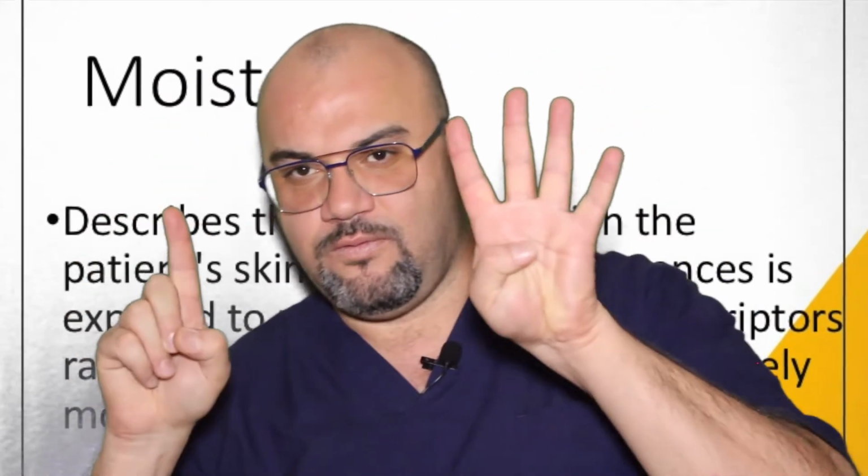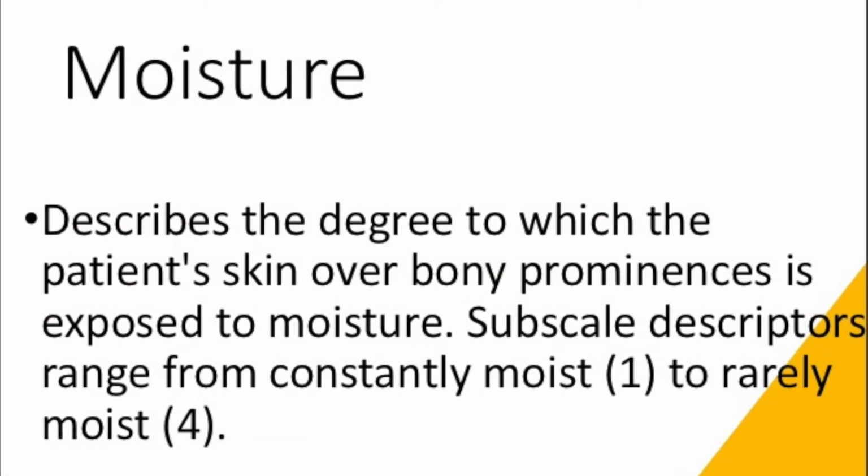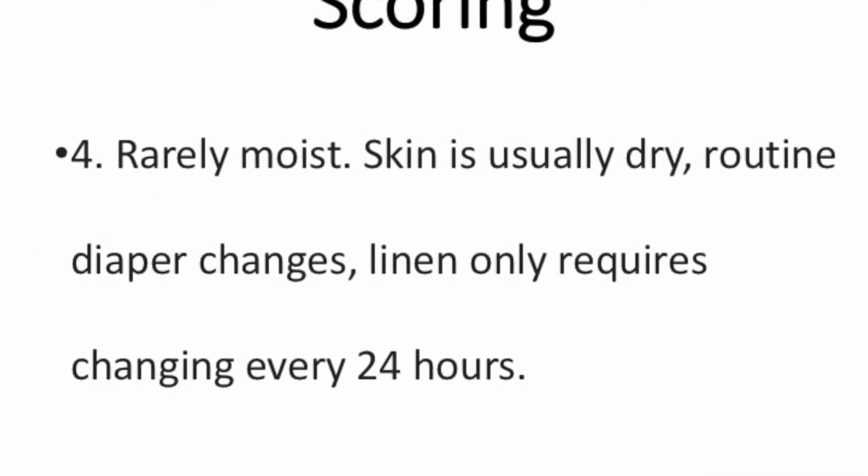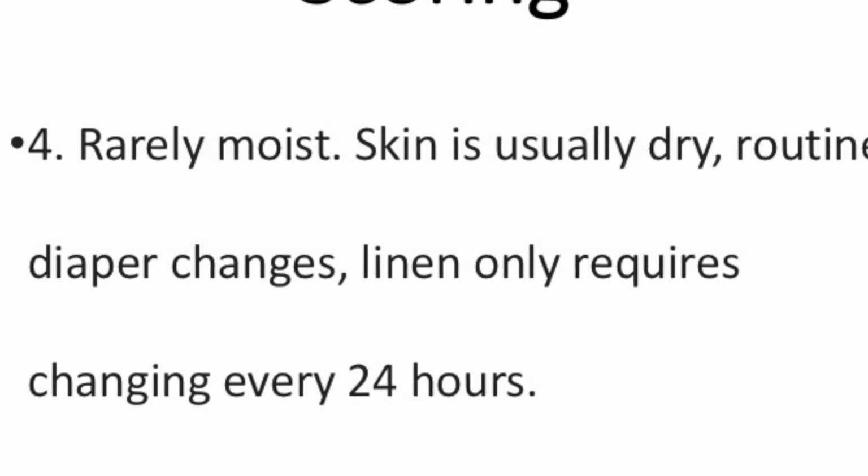And the scale also goes from 1 to 4. Rarely moist, and this is the good point. We are looking here at the skin over the bony prominence. Please focus on the sacral area.